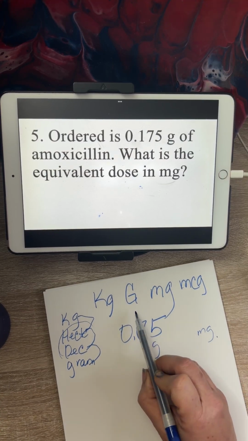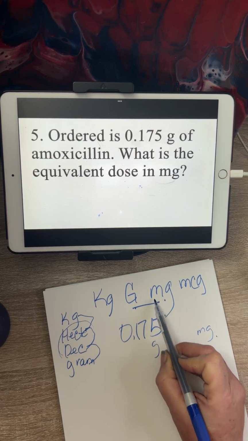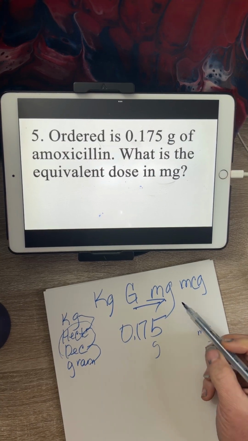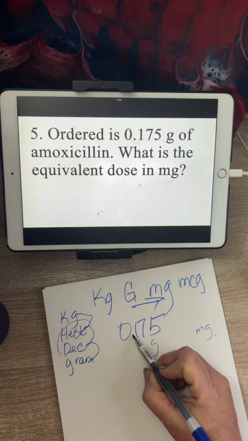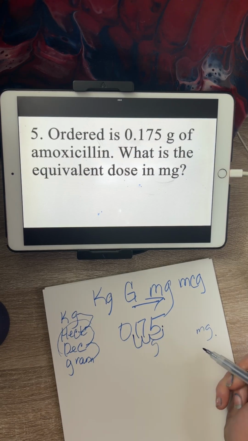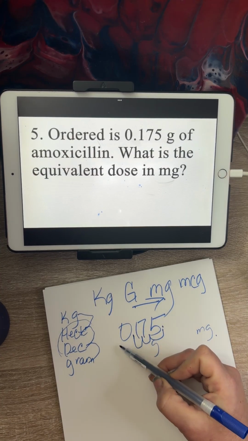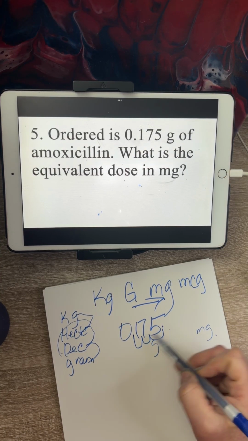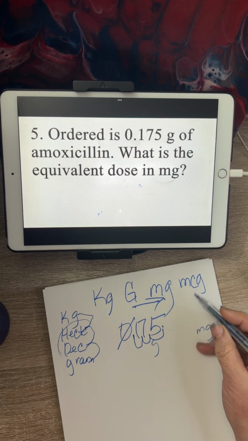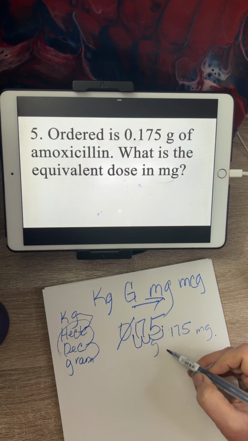And so if I'm going from grams to milligrams, this right here tells me I'm moving my decimal to the right. So I will grab it and go 1, 2, 3, and then I'm putting the decimal right there, and I'm going to see what the fallout is. Of course, this makes it a whole number. I'm going to drop that 0, and it's going to be 175 milligrams.